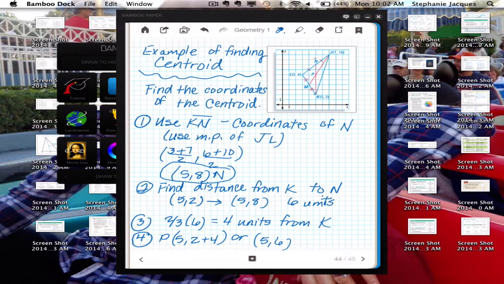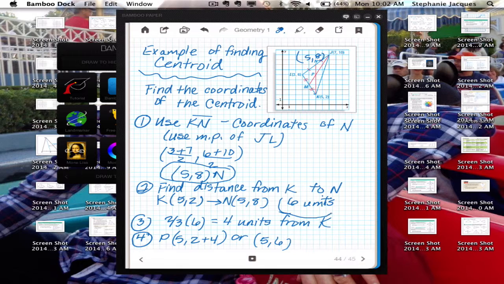The reason I found that is, if I know this is 5, 8, then I can find the distance from K to n, to find out how far apart they are. I know that K is 5, 2, and n is 5, 8. I could use the distance formula, but it's a straight line so I don't need to; counting would give me 6 units.